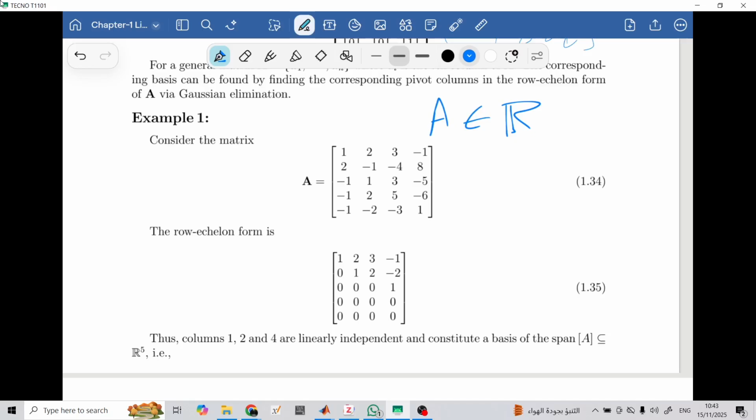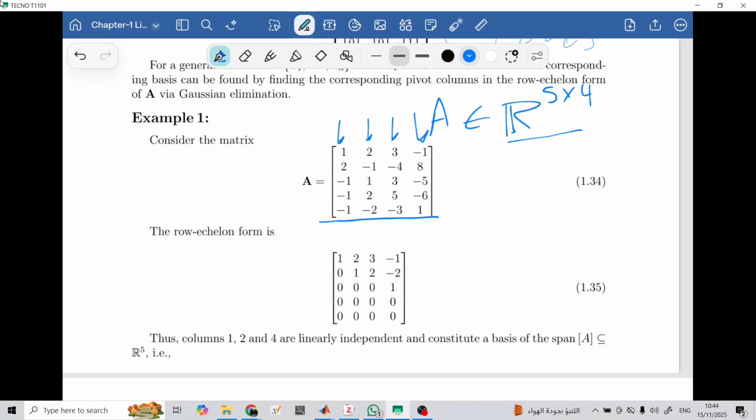R to the power 5 cross 4, right? Now we have to make a distinction. Those vectors, we have 4 columns. They span this vector space.